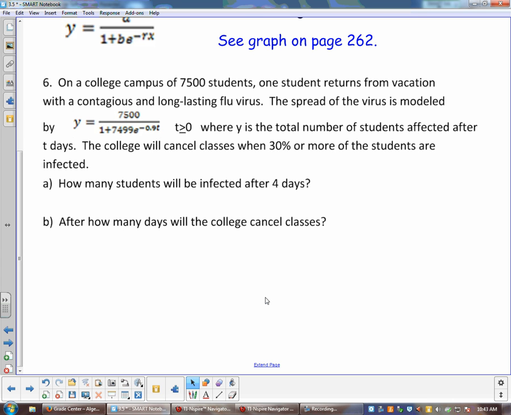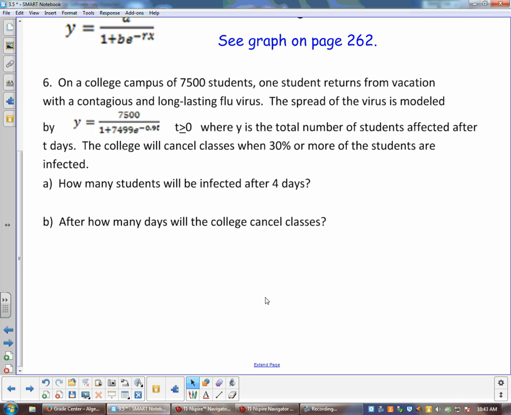The college will cancel classes when 30% or more of the students are infected. So how many students will be infected after 4 days, and after how many days will the college cancel classes? For this problem, to find out how many students will be infected after 4 days, we're going to do what?